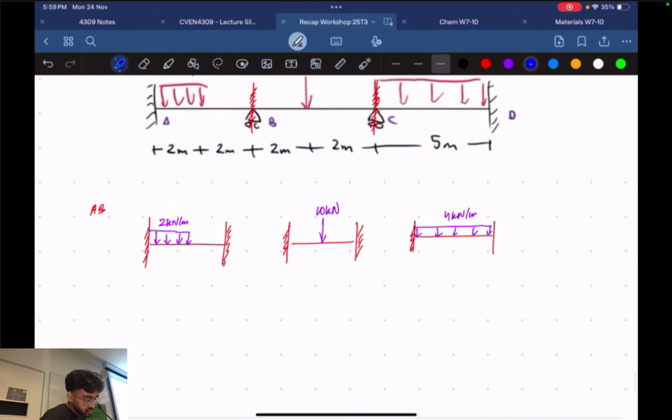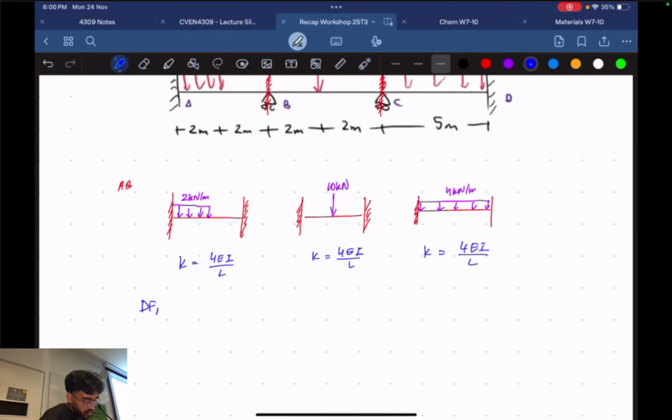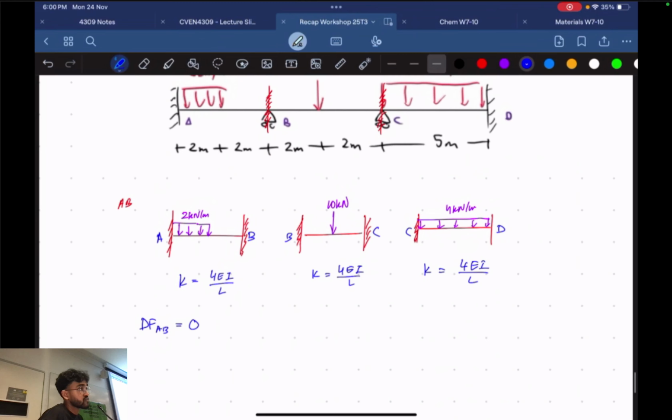The flexural stiffness, so K over here would be 4 EI on L. K over here would be 4 EI on L. You'd actually have to plug in the values to figure it out. The distribution factor, so DF at A of AB, what would it be equal to? What would the distribution factor of DF AB be? 0, 0, this is fixed.